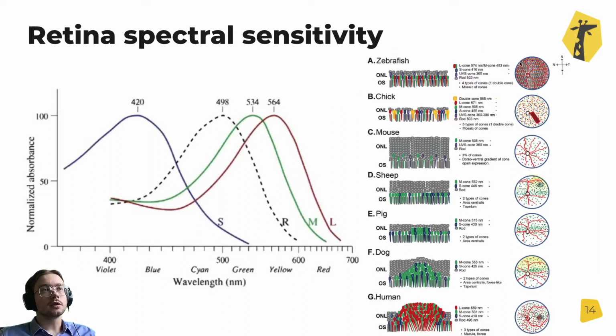And on the right you can see different bottoms of a chamber, like the retina, of different species, for example zebrafish, chicken, and so on.